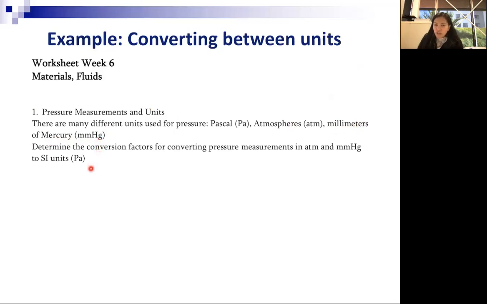So the first question in the worksheet asks us, given these different units for pressure, determine the conversion factors for converting pressure measurements in atmosphere and millimeters of mercury into the SI units of pascals.